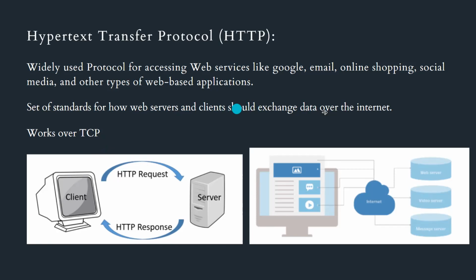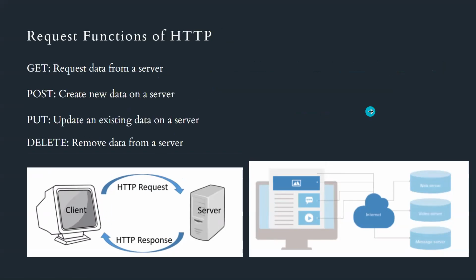We have web server and client based communication: we send a request to the server, and the server provides us a response. So we have a request-response model in the HTTP protocol.